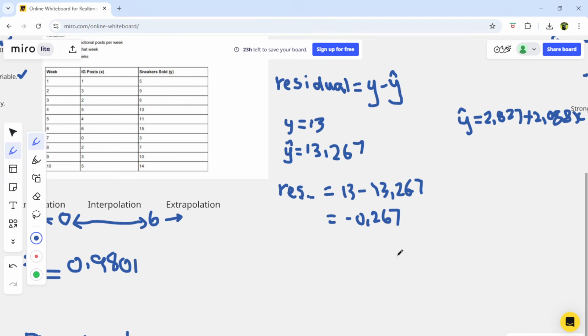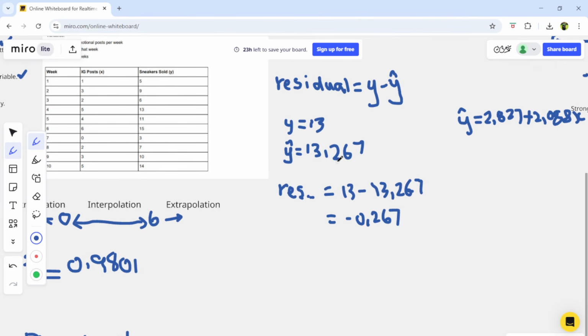So remember, a residual can be negative. If the residual you calculate is negative, then that should be the answer. Don't write it as positive. And if you see that the y is a small number and the predicted one is a bigger number, don't say the big one minus the small one to get a positive number. No, you must say the y that you get minus the predicted y, right? That is the residual, so basically the difference between the two.